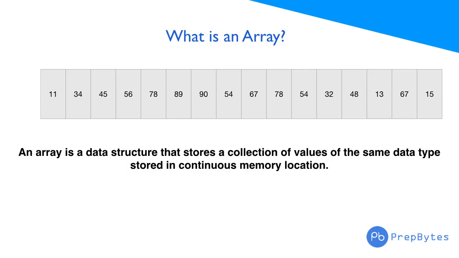This particular difference, that the second will be stored at 1002 or 1004, differs based on the data type. What I'm trying to say here is that it cannot happen that if one is stored at 1001, another is stored at 1005, and the next one is stored at 2000. For a particular array, all the elements must be continuous.